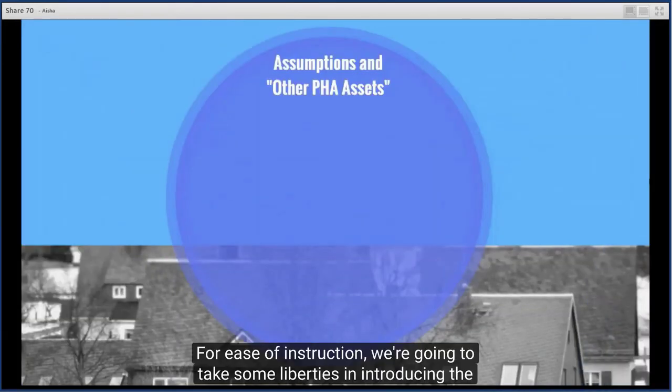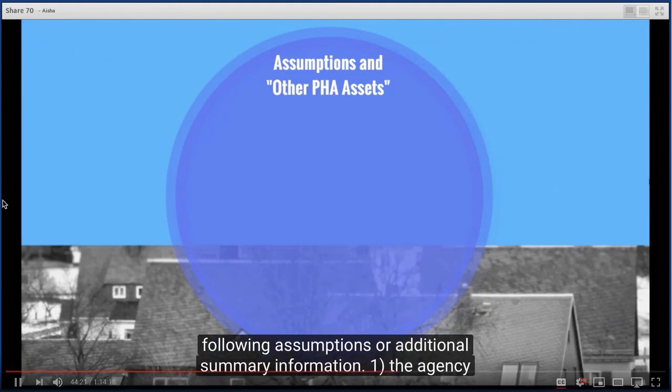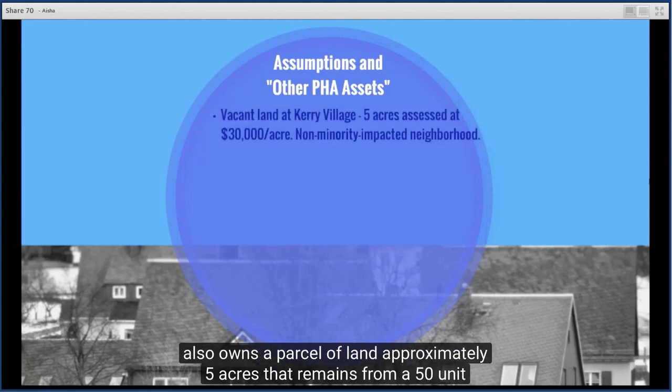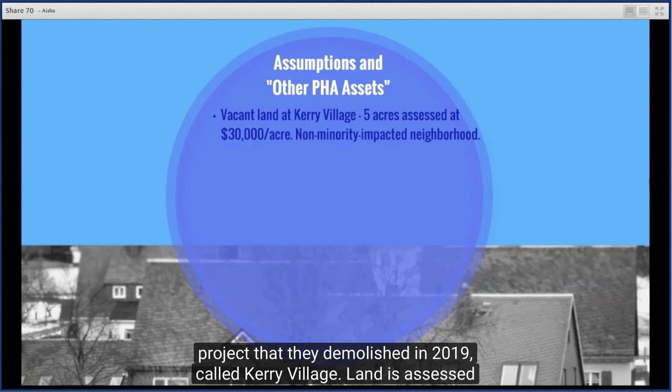For ease of instruction, we're going to take some liberties in introducing the following assumptions or additional summary information. First, the agency also owns a parcel of land, approximately 5 acres, that remains from a 50-unit project that they demolished in 2019 called Cary Village.